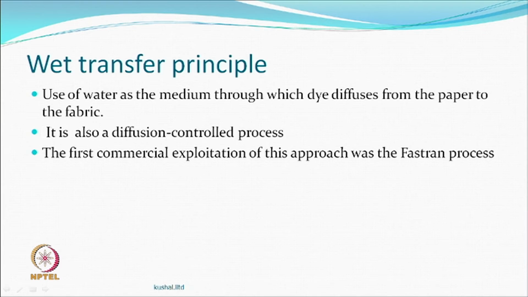So, the principle basically remains the same, but the medium is now water, because you are now talking about hydrophilic material, which is the fabric, and so you have a similar mechanism as any other printing mechanism. So, a diffusion controlled process, and one of the processes which was commercialized was called the fast-tran process.